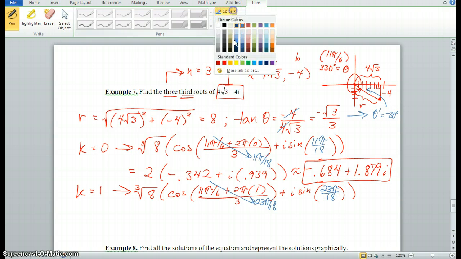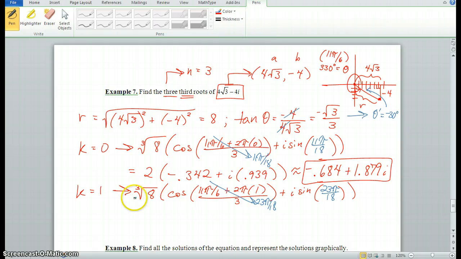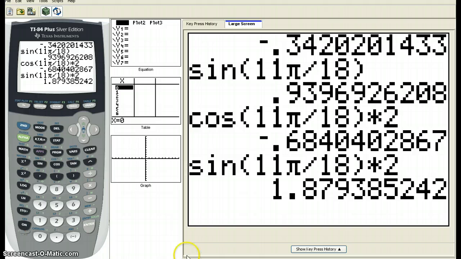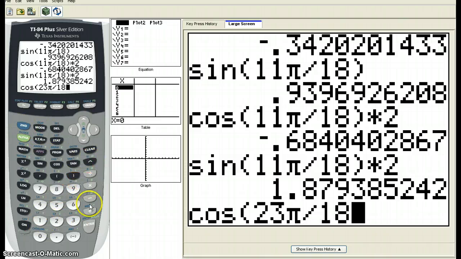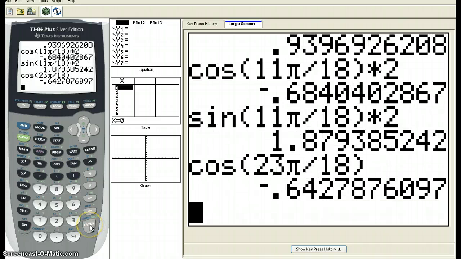And again, 23 pi over 18 is unfortunately not on the unit circle, so we are going to have to use our graphing calculator again. So 2 times, doing the same process, we end up with negative 0.642. Negative 0.643 we'll round to.